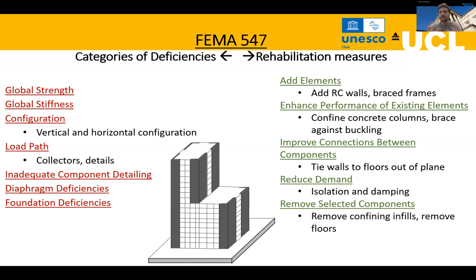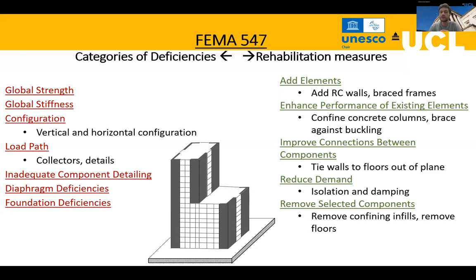The first one is adding elements to existing building. So you, for example, have your building as it is with some particular vulnerability, then you can add some shear walls to the building, and with that you will enhance the structural performance of the general building. You will have a better behavior in terms of strength and stiffness.